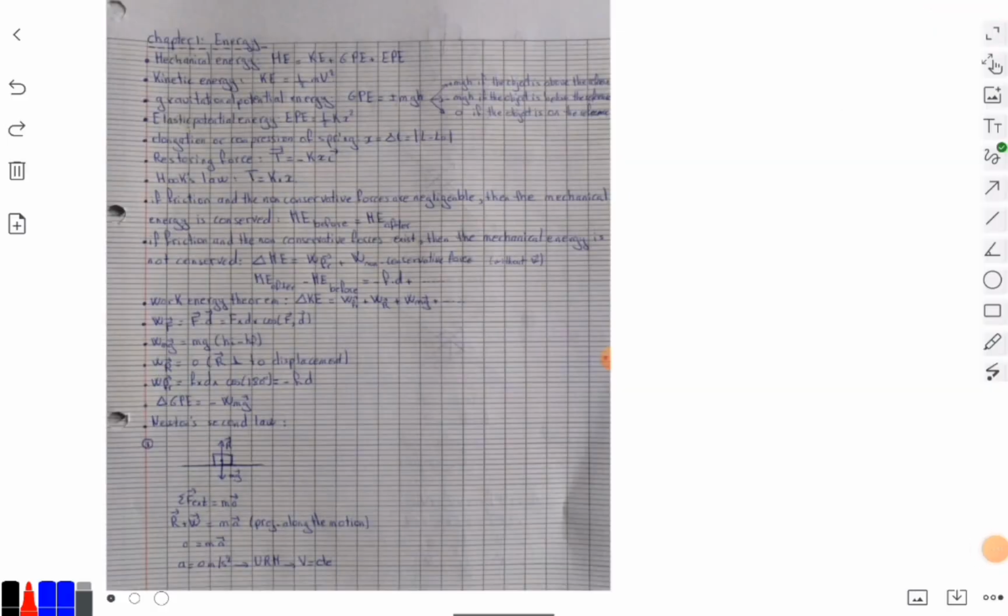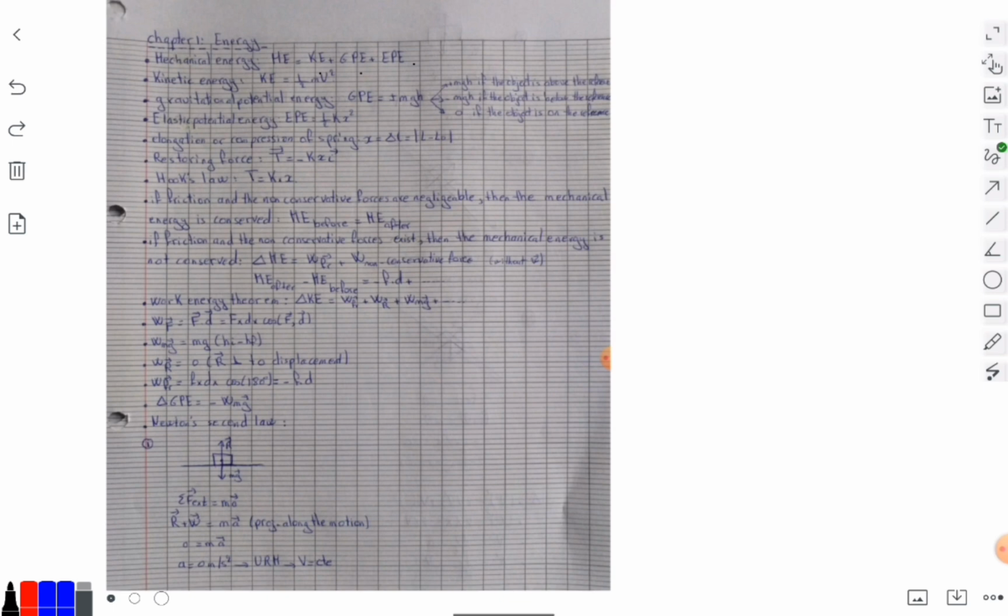As a summary of this chapter, we have mechanical energy ME equals KE plus GPE plus EPE. Kinetic energy KE equals half mv squared. Gravitational potential energy GPE equals plus or minus mgh: plus mgh if the object is above the reference, minus mgh if the object is below the reference, 0 if the object is on the reference.